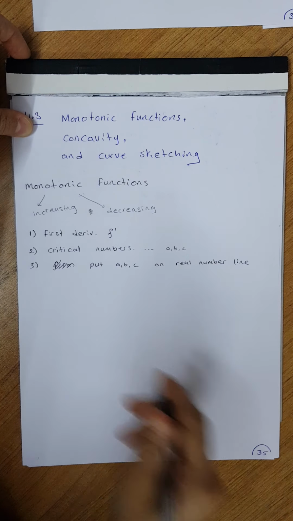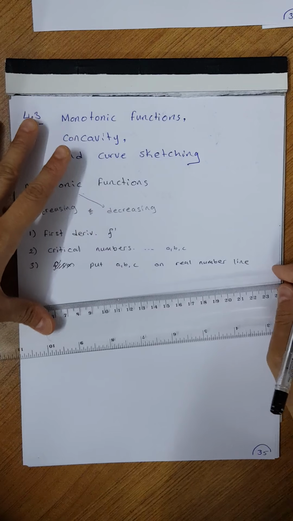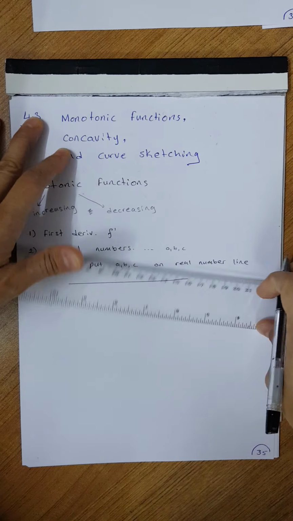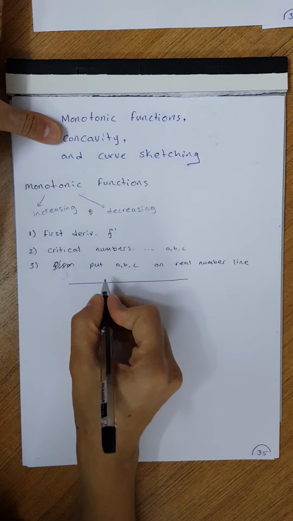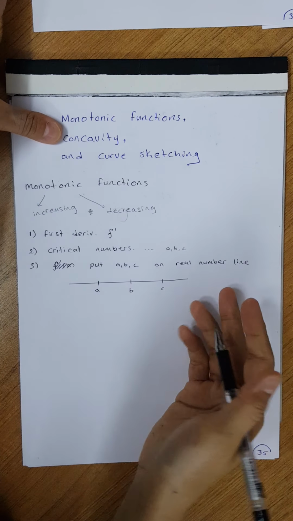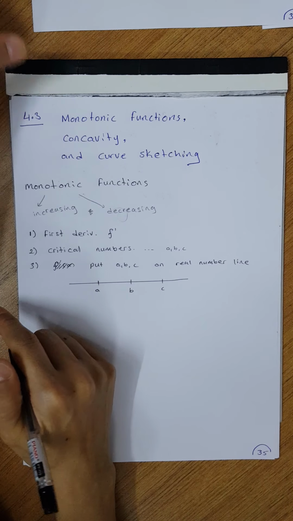Of course, when you put A, B, C on the real number line, it will subdivide the line into intervals. So if that is the real number line and I put A, B, C on it, I will get sub-intervals.